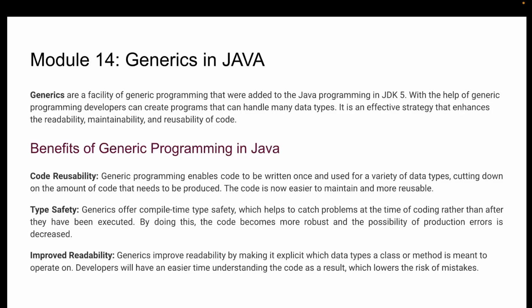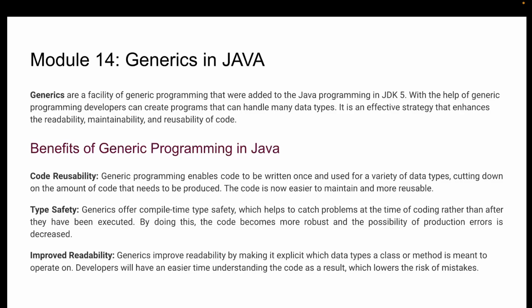Generics bring the ability to handle a lot of data types using a single program. Suppose you want to perform some operations using different data types. To your particular method, you need to pass the same type of data.